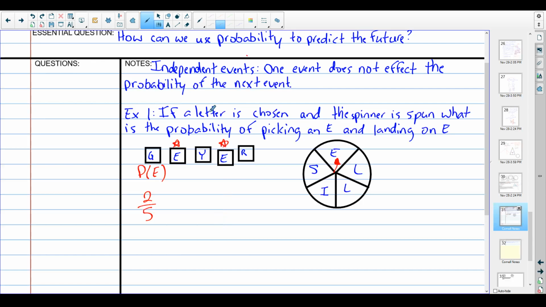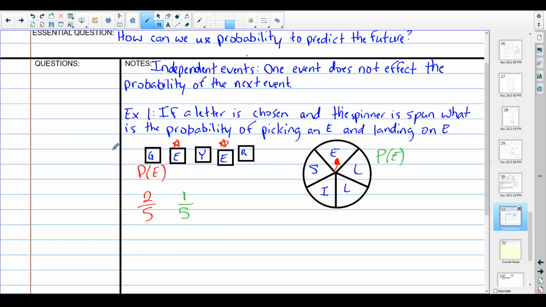And then we go to our second event, our spinner, and we want the probability of E there. We do the same thing. How many E's are there? This time there's only one of them, still out of 5.